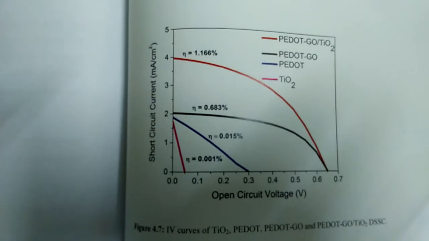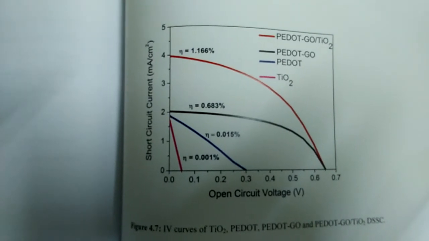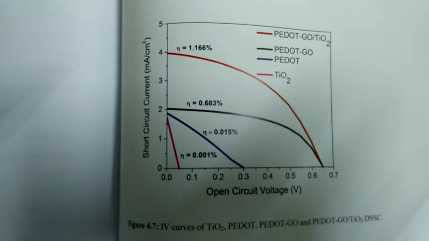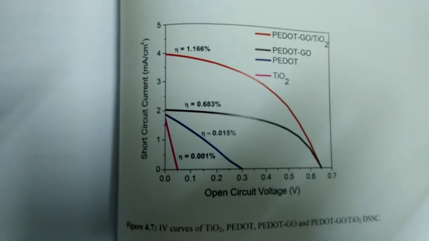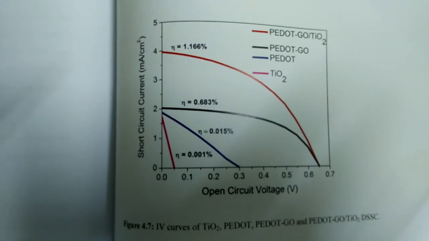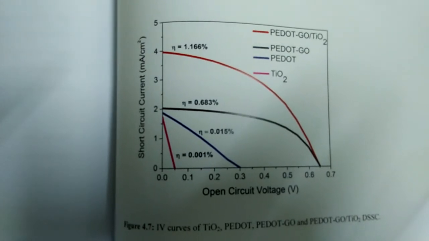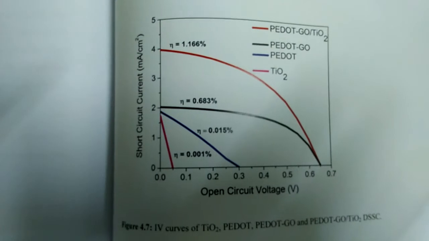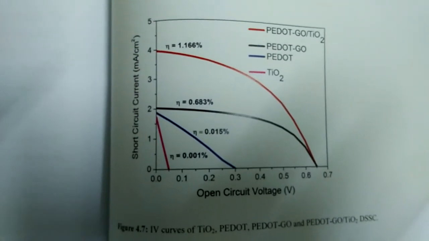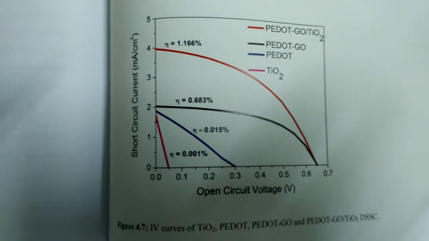And for Tafel, to know the J naught and J lim, both should be high for high electrocatalytic activity and better diffusion. And for CV, the cathodic peak current density, ICP, and EPP: EPP should be lower, ICP should be higher. ICP higher for high electrocatalytic activity, EPP lower to avoid overpotential.